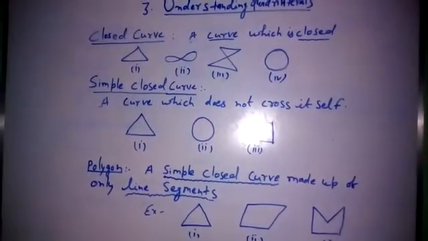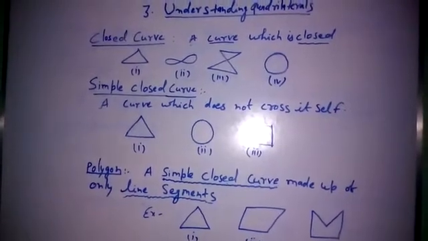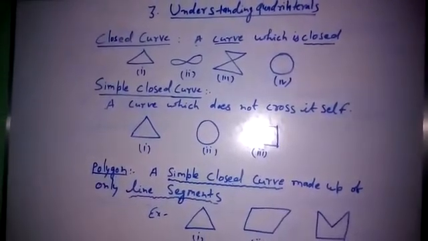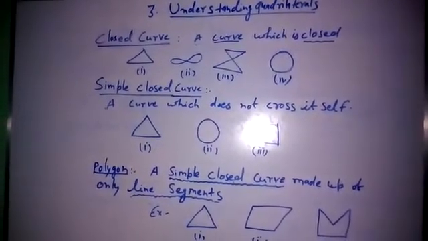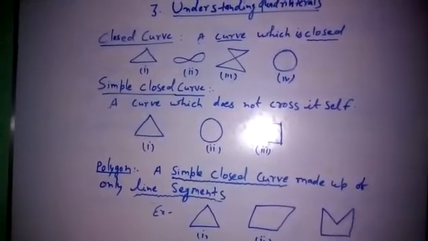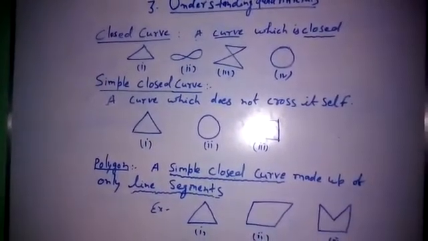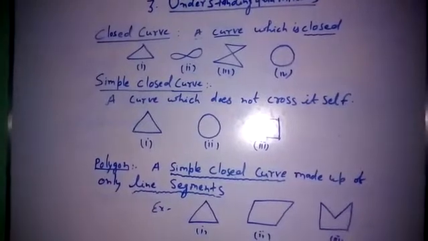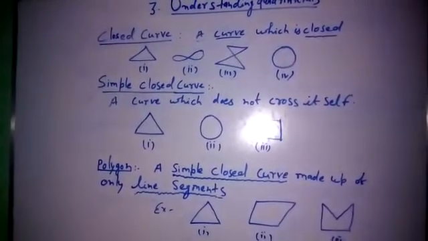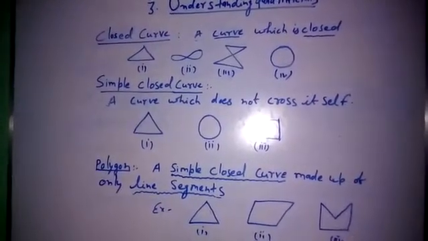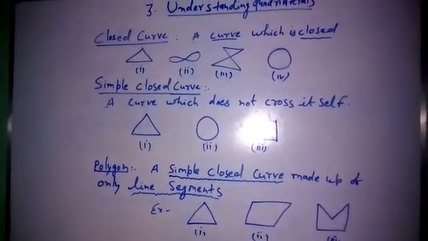First, the closed curve. A curve which is closed is called a closed curve. See the examples. And one more definition, the simple closed curve. What does simple closed curve mean?